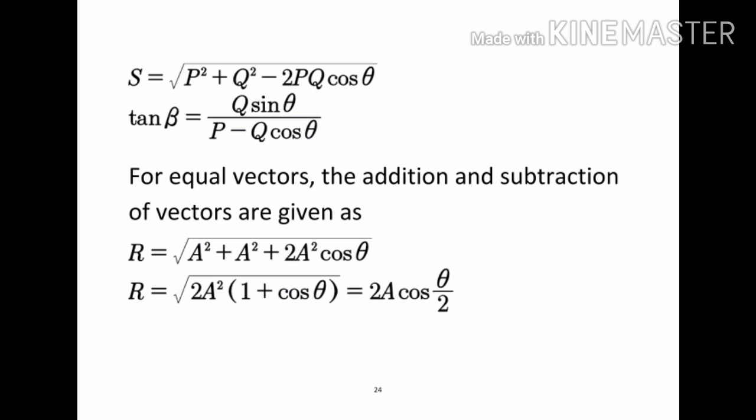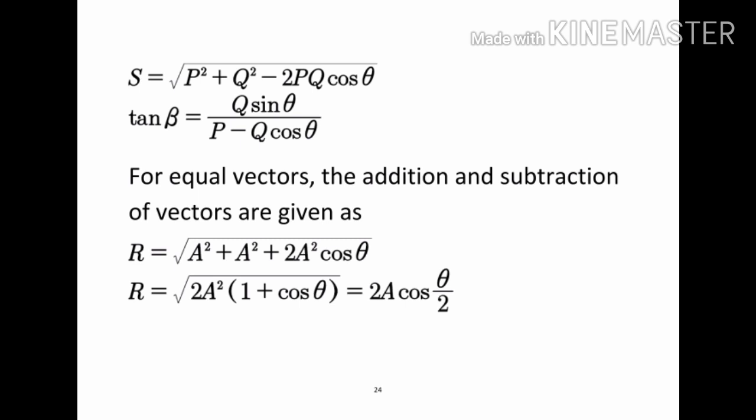So the subtraction of the vectors is taken as S is equal to root of P square plus Q square plus 2P into minus Q cos theta. Then we can get S is equal to root of P square plus Q square minus 2PQ cos theta.